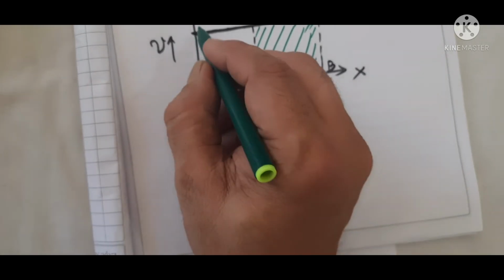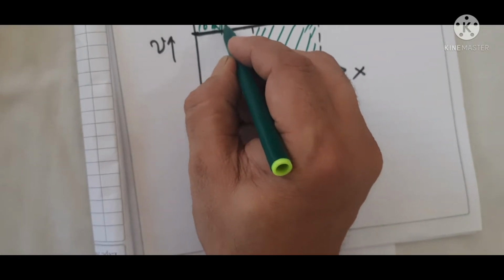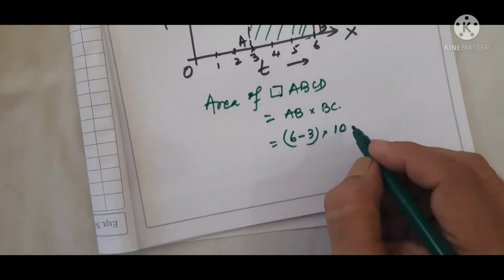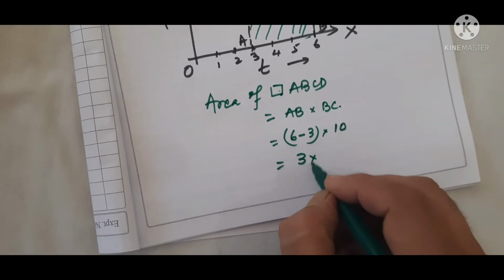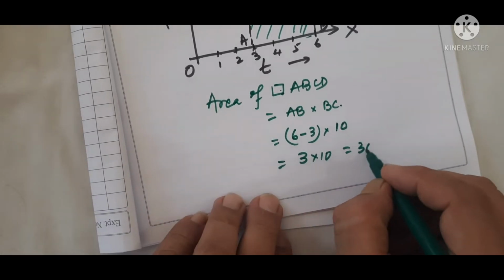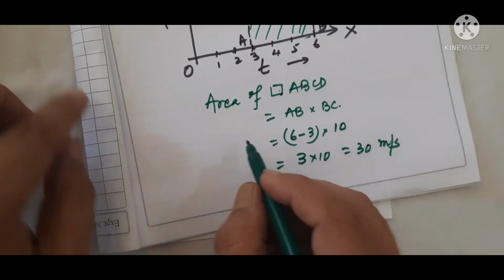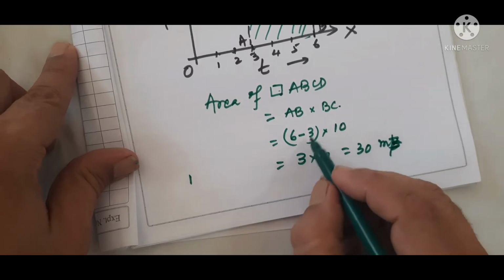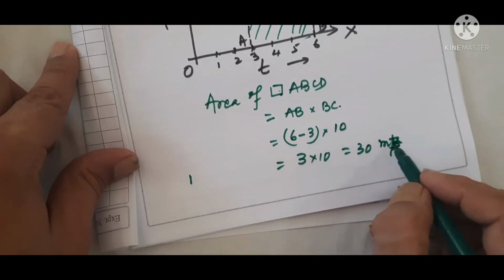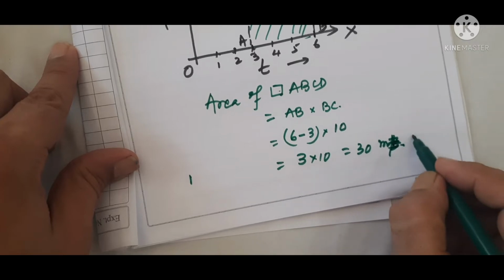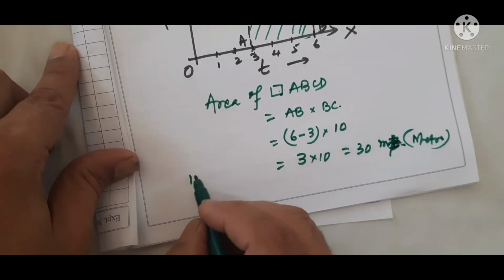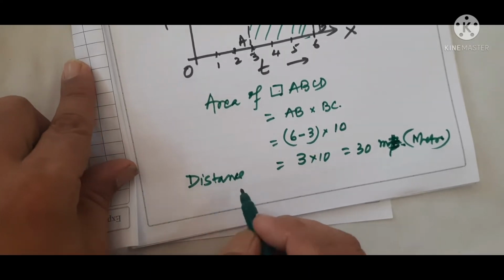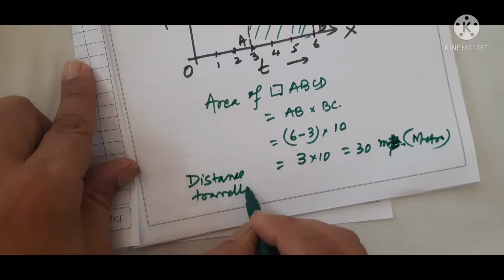Just say for example here the 10 meter per second is there, constant. So 10 minus 0, that is 10. So here it is 3 into 10, that is 30. That will be 30 meter only, because here it is meter per second, here second cancels, so 30 meter. That will be the distance traveled here.